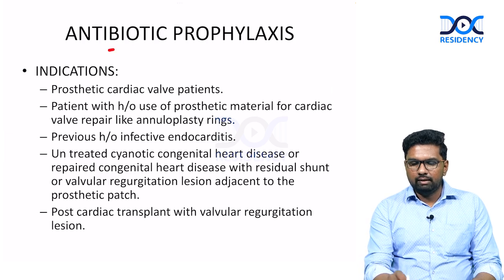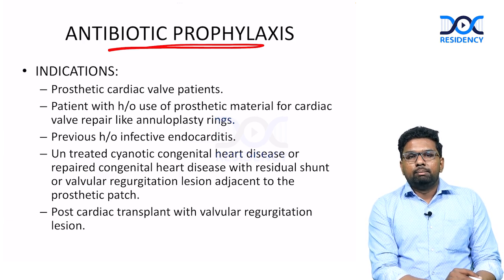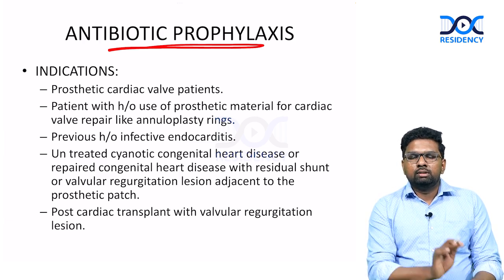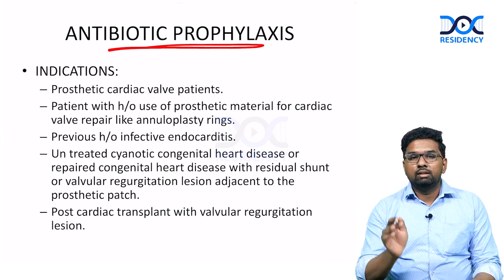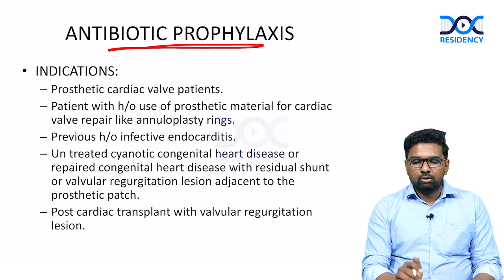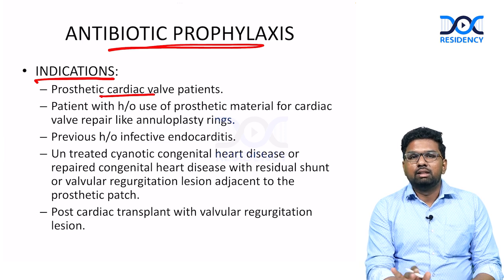So, antibiotic prophylaxis in case of infective endocarditis. If a patient is supposed to go for a procedure, even a dental procedure, he should go for antibiotic prophylaxis. So, what are the indications for antibiotic prophylaxis? Prosthetic cardiac valve is the primary indication.